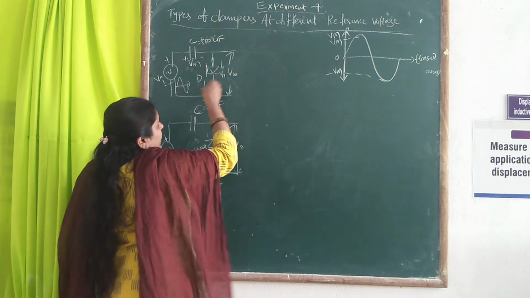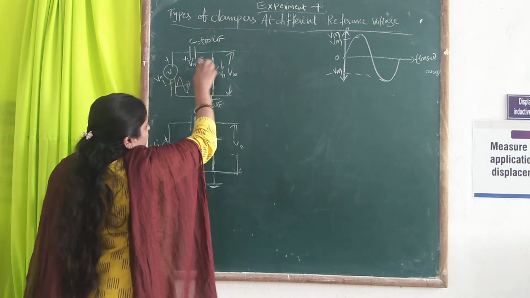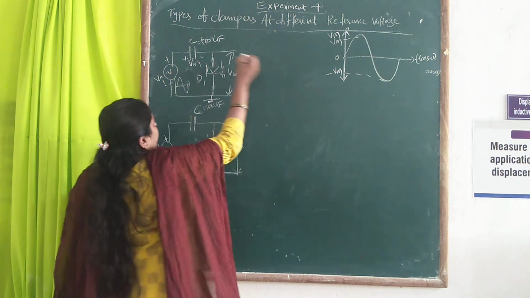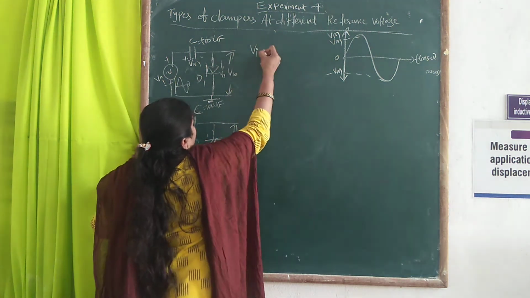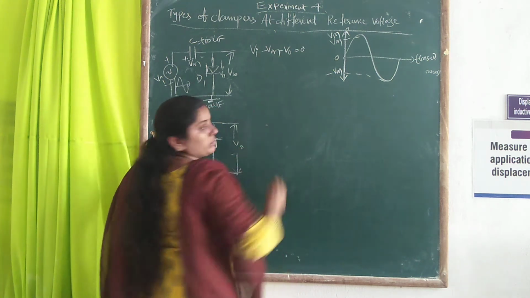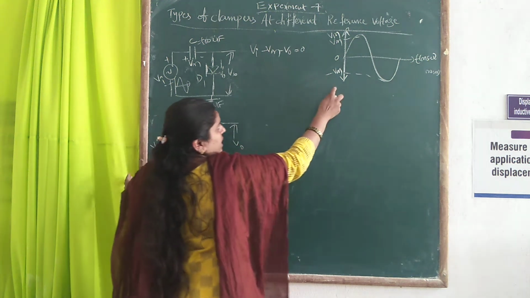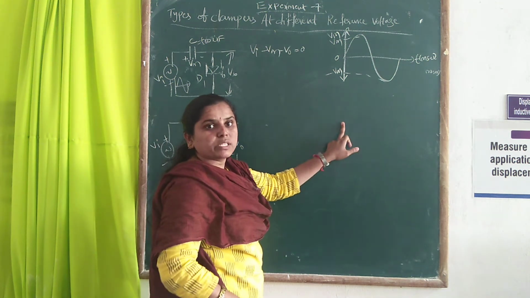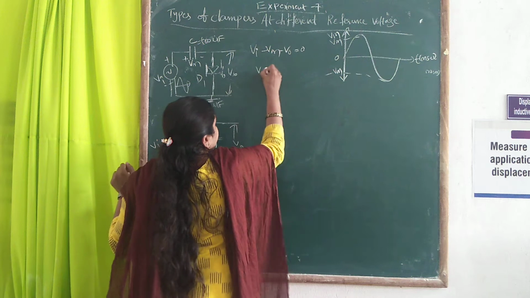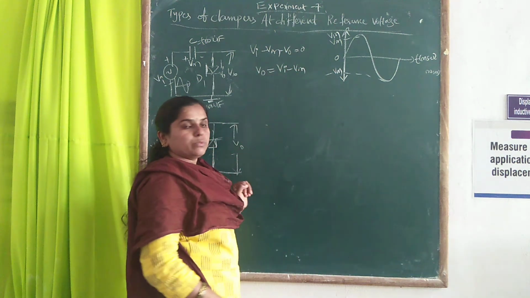So then apply KVL to this circuit, then Vi minus Vm minus V0 is equal to 0. Okay, so by using this equation we can draw the output waveform. So from this V0 is equal to Vi minus Vm.